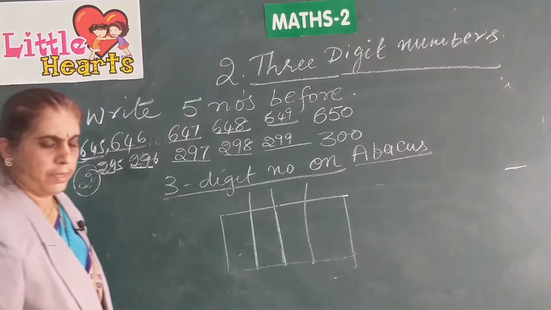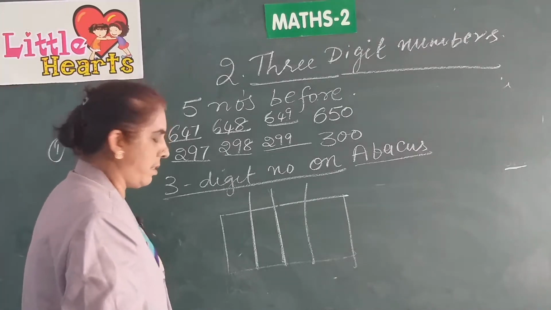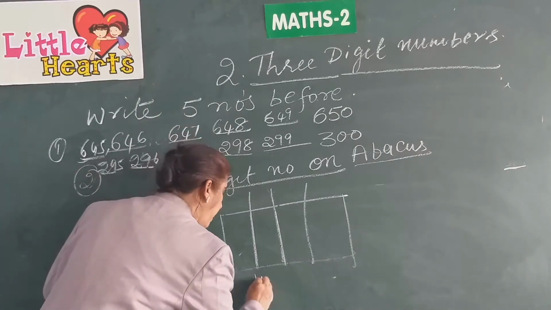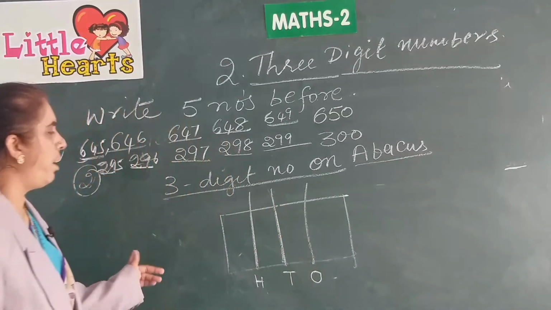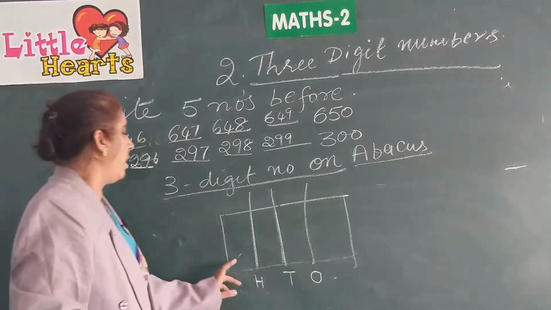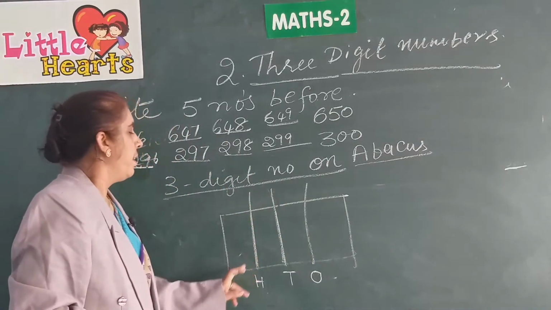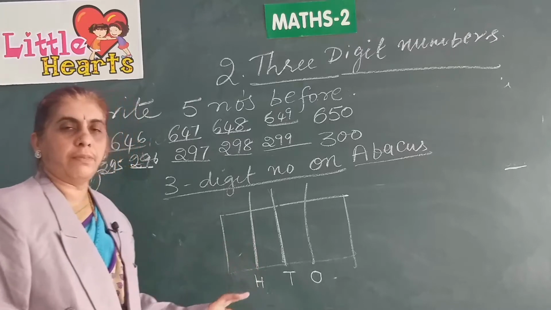We shall read the number. This is hundreds, this is tens, ones. Count the number of beads in each bar, and according to its place, you have to read the number.